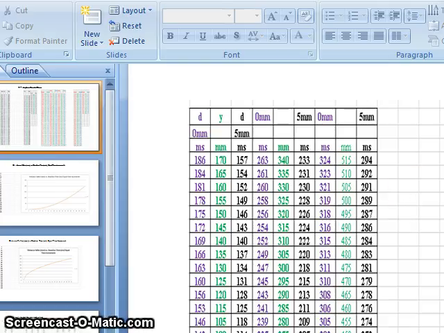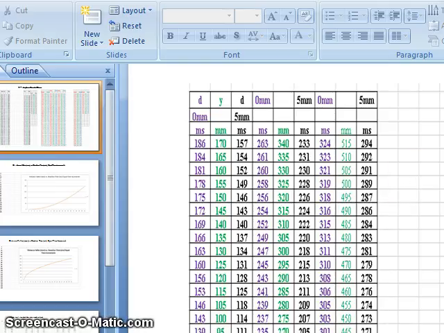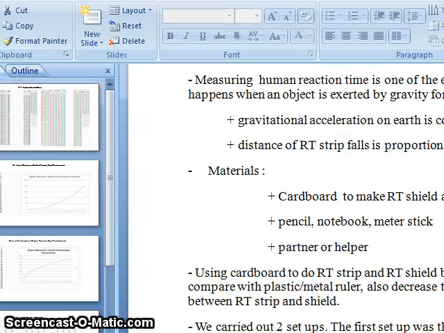So by using the formula d = vt + 1/2 gt², where g = 9.8 meter per second squared, d is the distance the meter stick fell and t is the time for the meter stick falling.